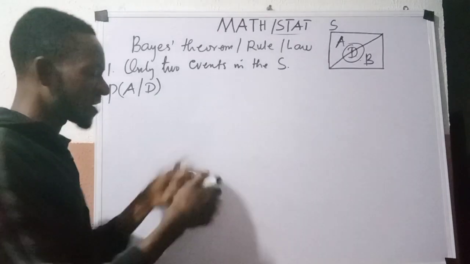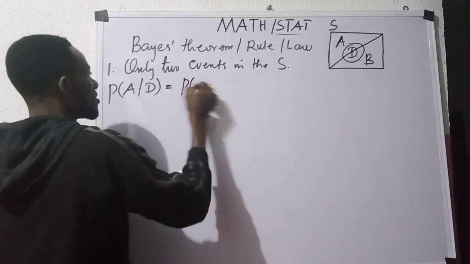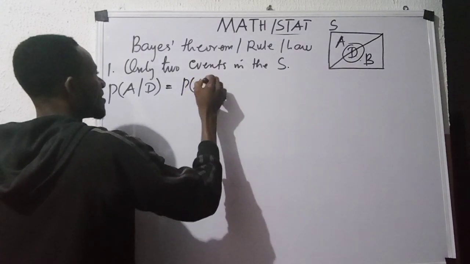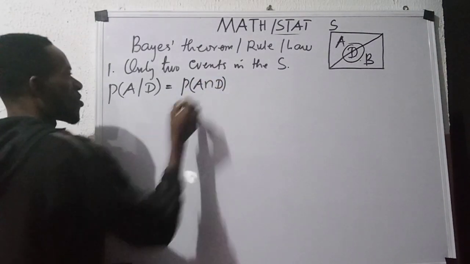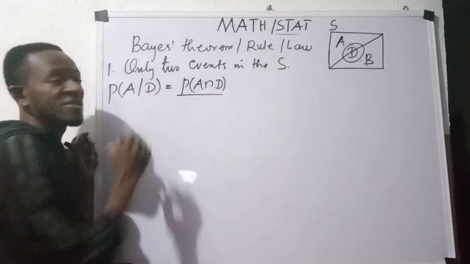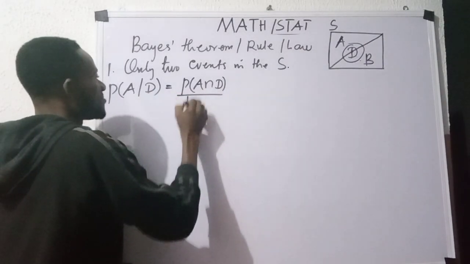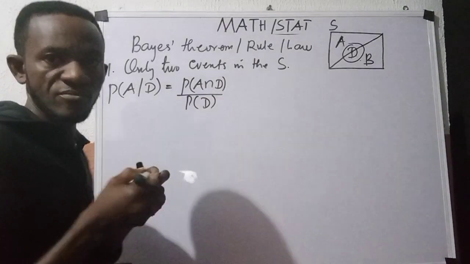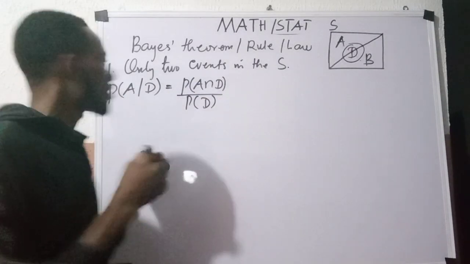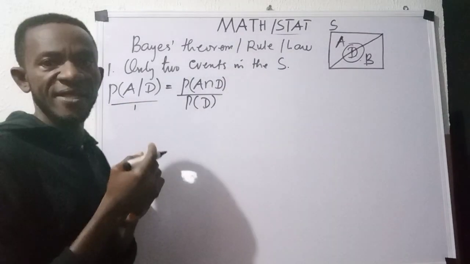So this is going to be expressed as this. That this is given as the probability of A intersection D, all over the probability of the event that occurred earlier, which is D. So we have P of D. We close it. Of course, you know I can say all over 1 to cross multiply.